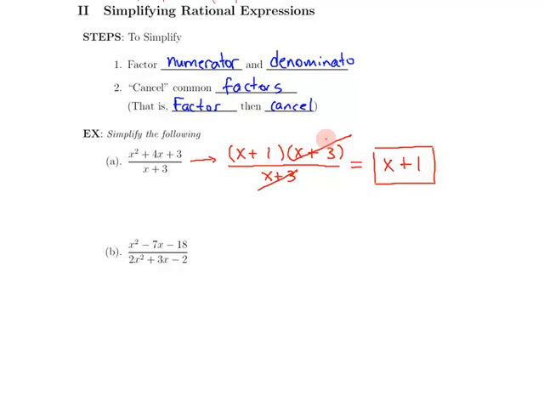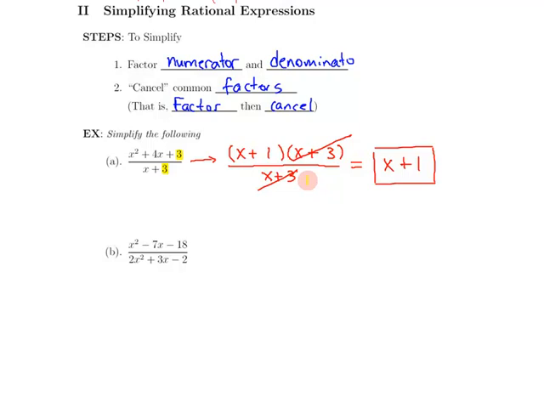Okay, let me make a point here, and I'll make this again just for reiteration later. I'm going to make it now. I'm going to make it over and over again. You may be tempted to see something like this 3 here and this 3 up here and think we can cancel those.